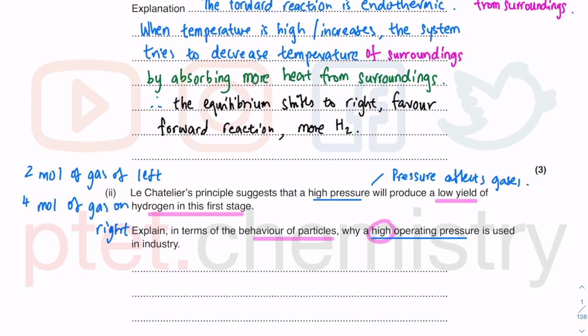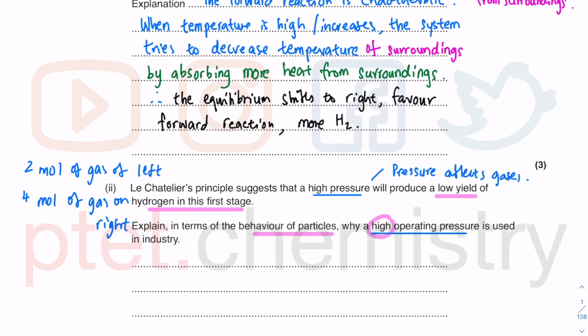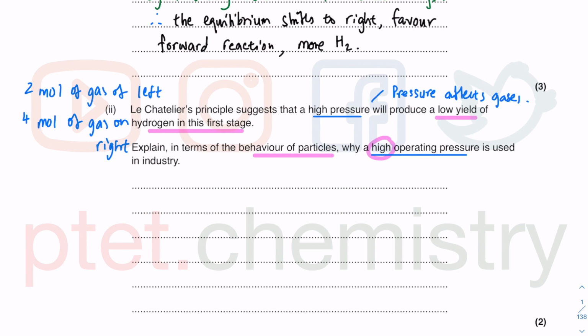So if you have more gas on the right compared to the left, then if you have high pressure, the equilibrium will try to lower the pressure. The equilibrium will shift to the side which has fewer gaseous molecules, which is shifting to the left, and that is why it will have a lower yield of ammonia, lower yield of hydrogen, I beg your pardon. So it favors the backward reaction.